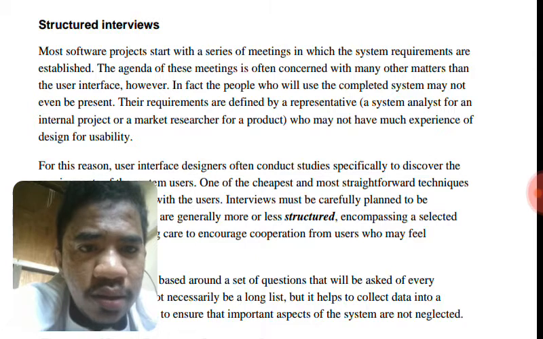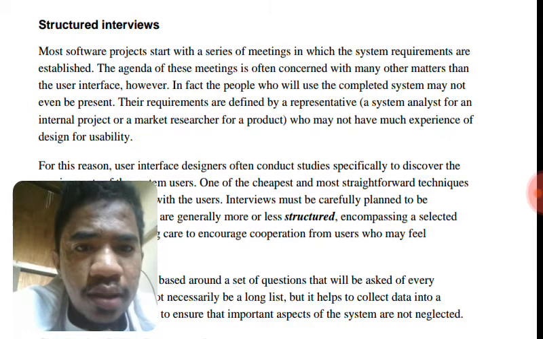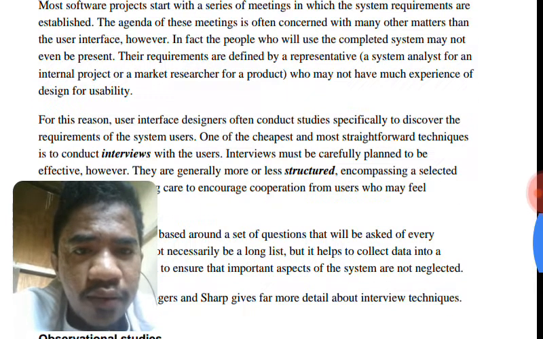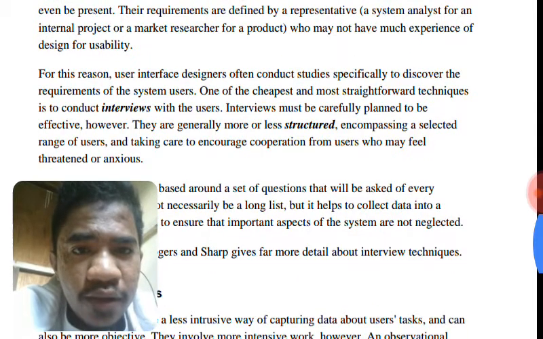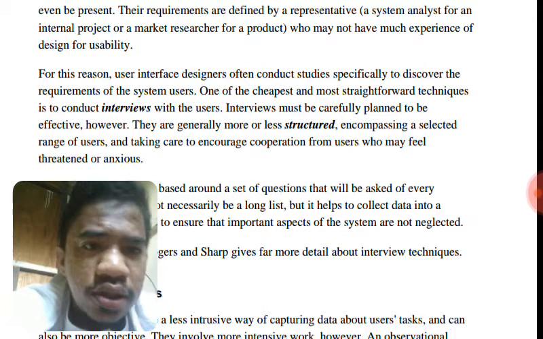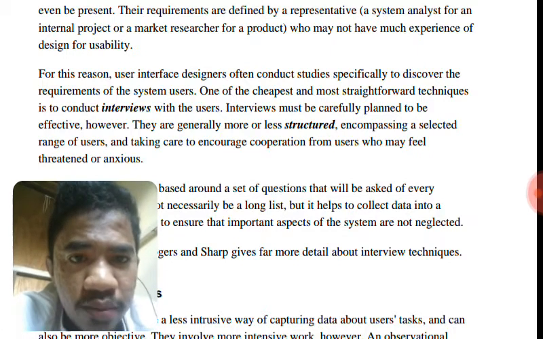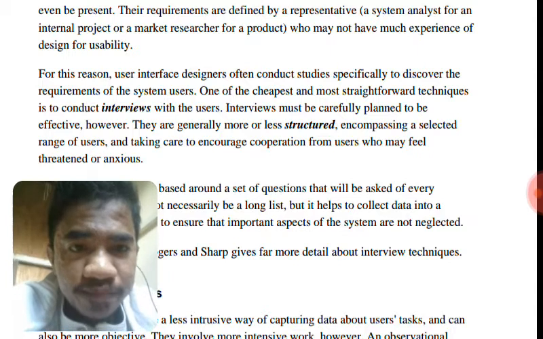The requirements are defined by a representative, a system analyst for an internal project, or a market researcher for a product, who may not have much experience of design for usability. For this reason, user interface designers often conduct studies especially to discover the requirements of the system user.